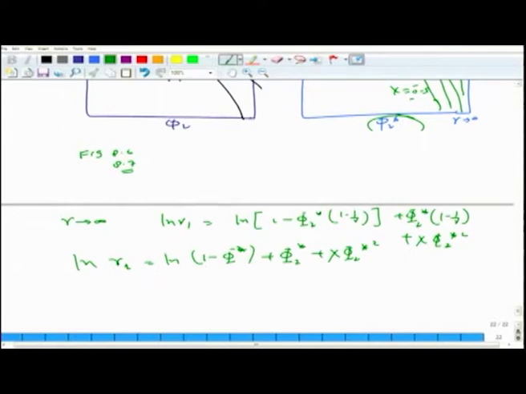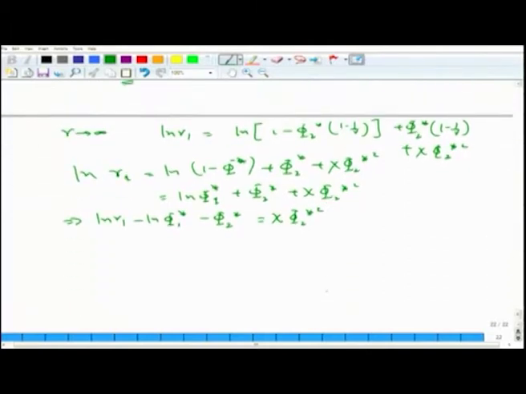Now, this further can be simplified, and I can write this as ln phi 1 plus phi 2 plus chi phi 2 squared. So this would mean that ln gamma 1 minus ln phi 1 star minus phi 2 star is chi phi 2 star squared.